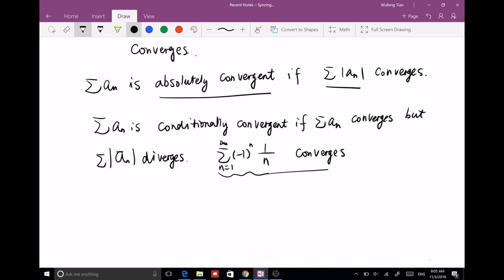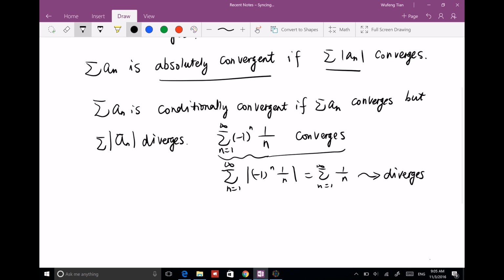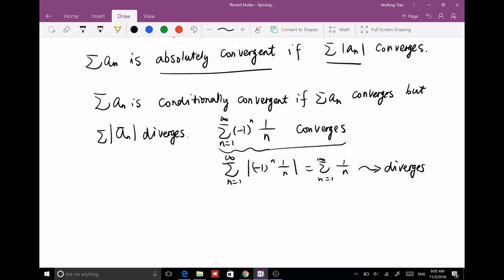So the alternating series converges. However, if I add absolute value, what happened? You get the whole series is just 1 over n. There's no negative sign anymore. But this one diverges. So the absolute value diverges, the alternating series converges. So this is what we call conditionally convergent.